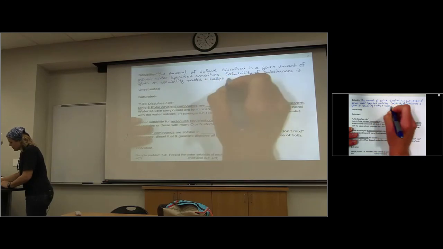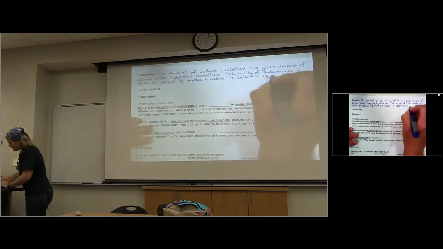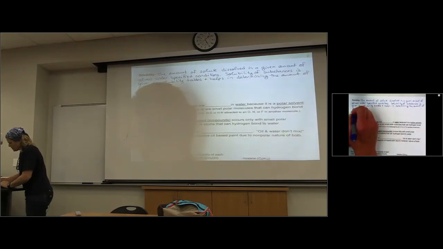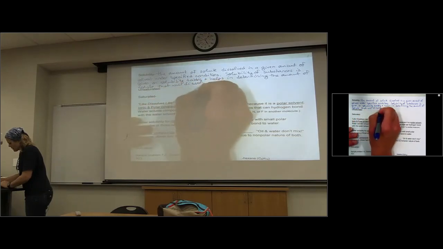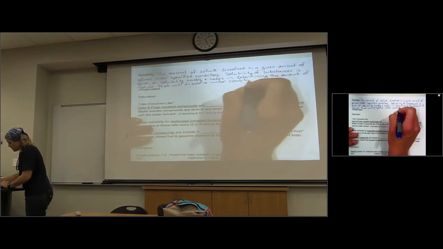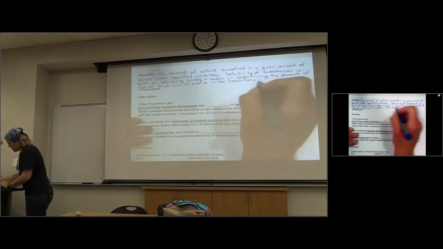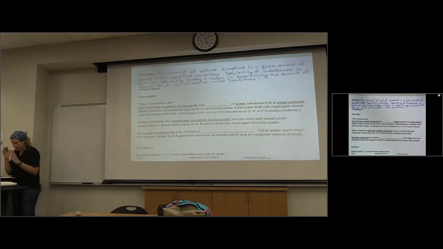And helps in determining the amount of solute that will dissolve under conditions, and I'm going to put conditions in quotes. And again, this is a lot more writing than probably needs to be to understand it.